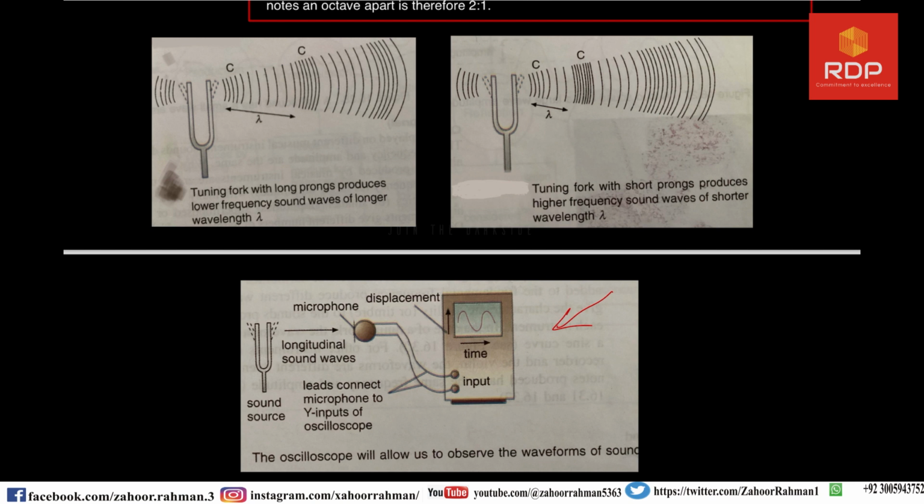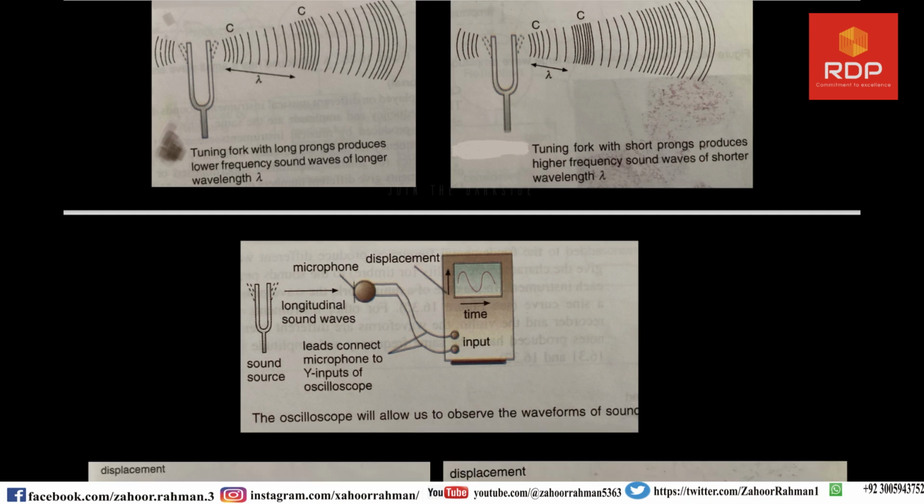So when we observe the waveform of both tuning forks of different lengths, the waveforms produced on the screen of the oscilloscope with the same time base are as follows.